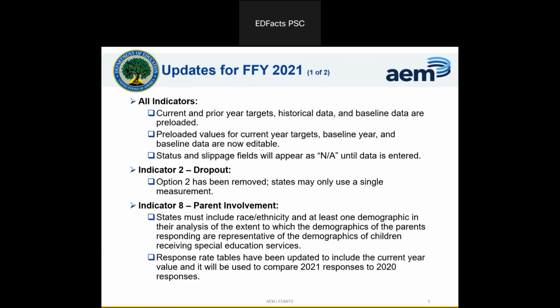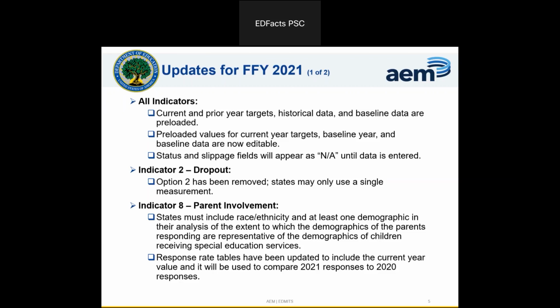First, the current and prior year targets, historical data, and baseline data are preloaded. There are preloaded values for current year targets, baseline year, and baseline data, which are now editable. The status and slippage fields will appear as NA until data is actually entered and saved.